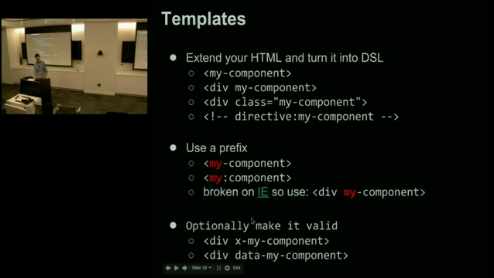So you can optionally prepend an x- or a data- to your directive names in order to make them standards compliant. Either of these is allowed via the specification. Data, for example, is for storing arbitrary data in attributes. And Angular will automatically know how to look for these, and you can do this and still pass validators.